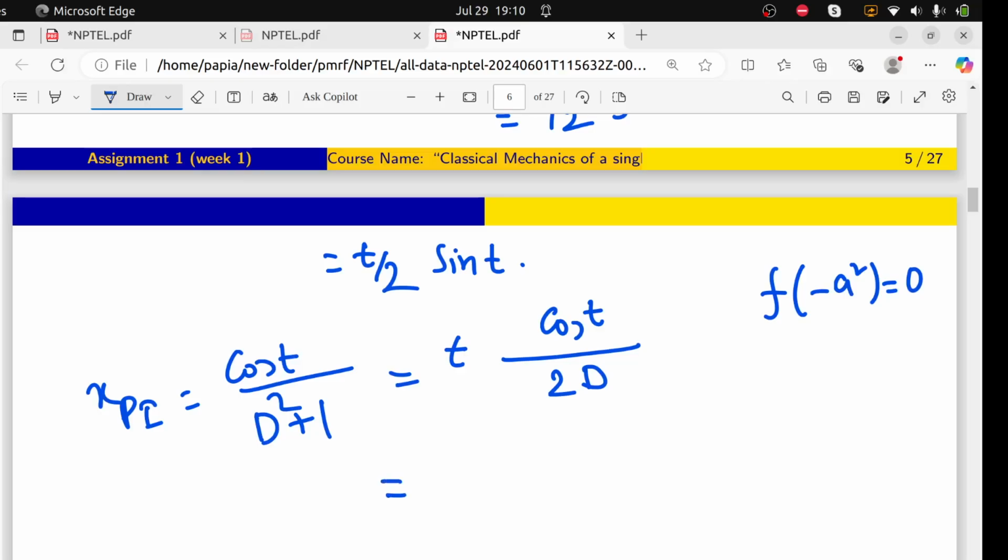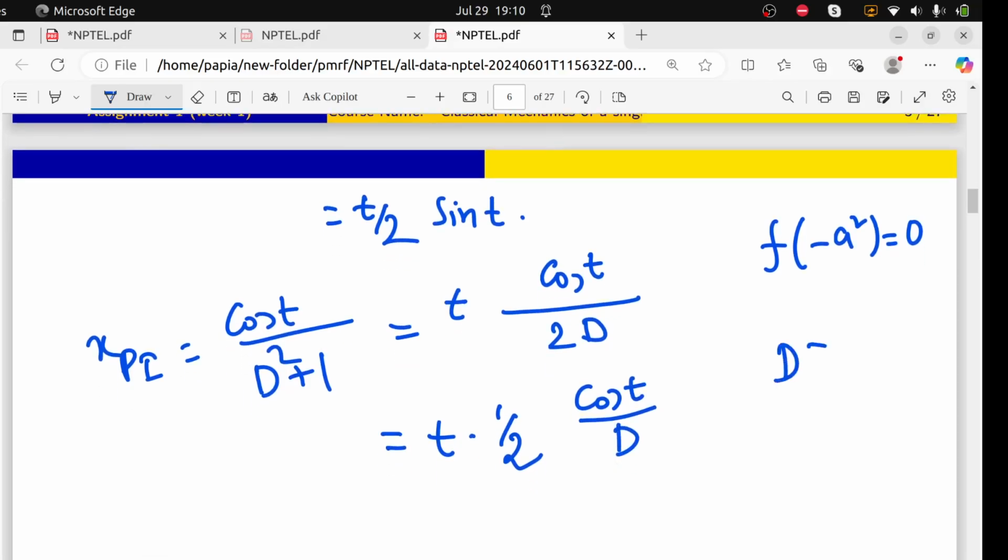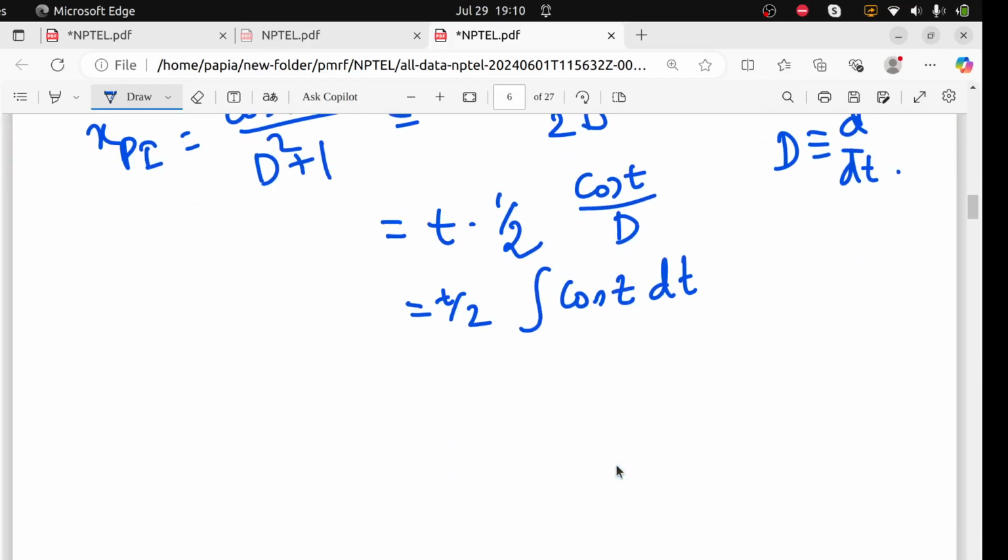Then t by 2 is outside. Then you can see cos t by D. D was my derivative. So if I write D as a denominator, it is simply giving us an integration over cos t. So I will have t by 2 sin t.